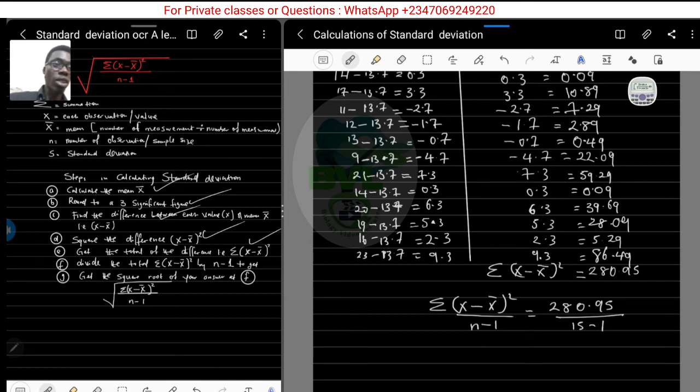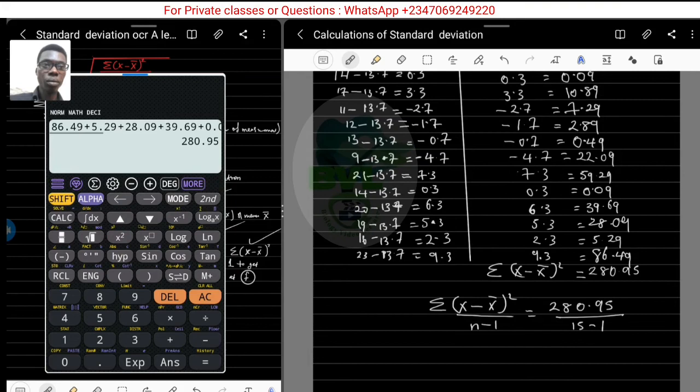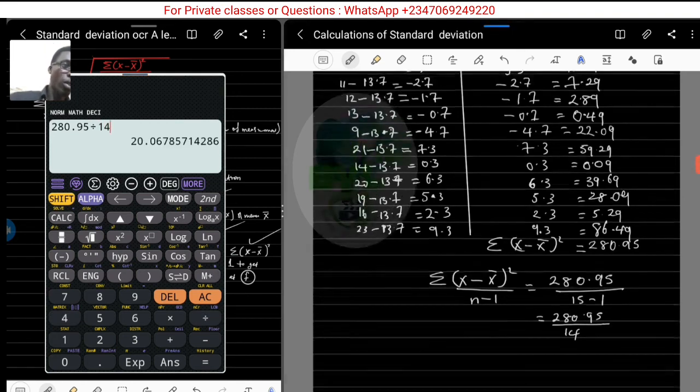So let's check that out now. Where's the calculator again? Okay, that's going to be 280.95 divided by 14. So let's do that now. 280.95 divided by 14 gives us 20.006.